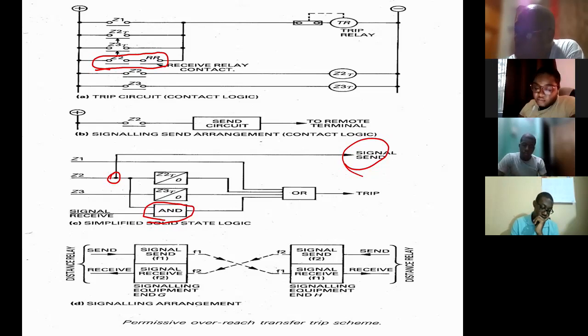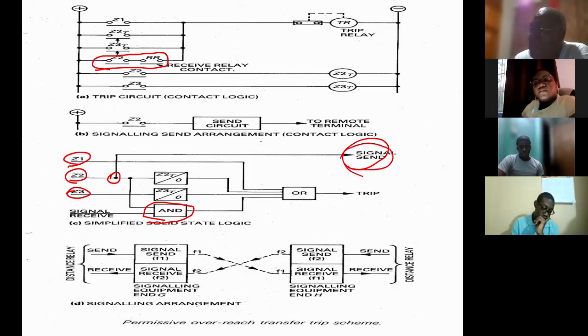At the top, your zone 1, zone 2, and zone 3 remain the same, and they're all going through an OR gate. The main difference is what is being used to send the signal and how you are monitoring or supervising the signal. I'm just giving you some hints as to how to remember these things. All right, you can just get these points.